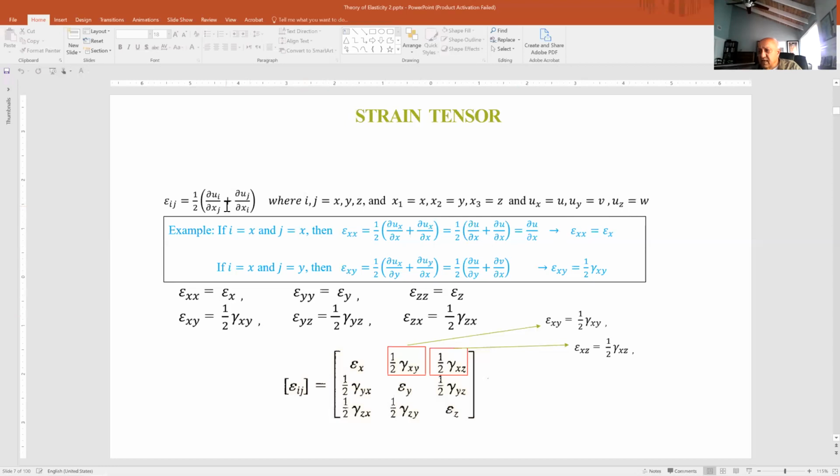Look at this equation. For example, assume i and j are equal and they are equal to x.